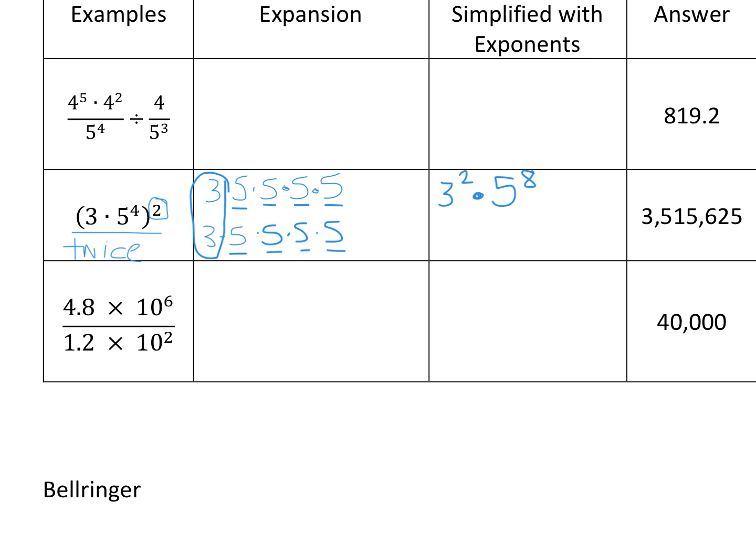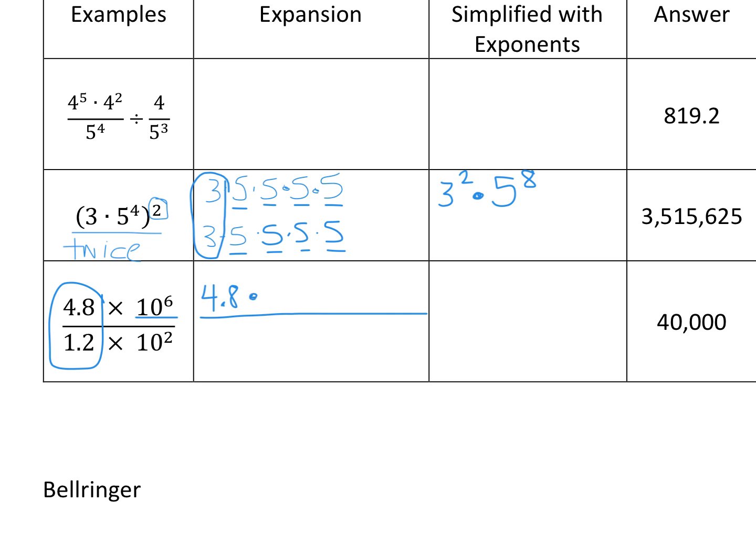Let's look down here at this third one, and then I'll go back to the top because that one is kind of funky. So I just have one of these. Okay, so I'm going to write my big division line. This one is kind of like that very first one we did after the bell ringer. And I have 10 to the 6th.